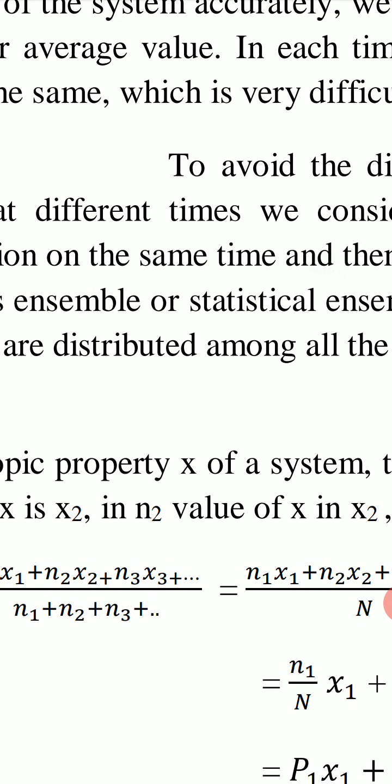So if we have a system and we want to know some physical property of this system, we take observations several times and then find its average value. If we have only one system, then we have to find the value of a physical property at different times.